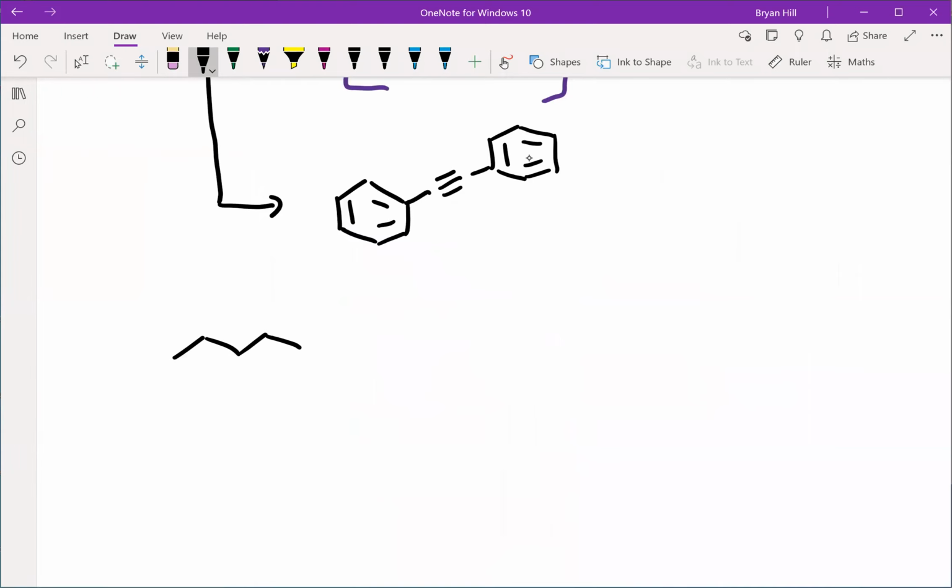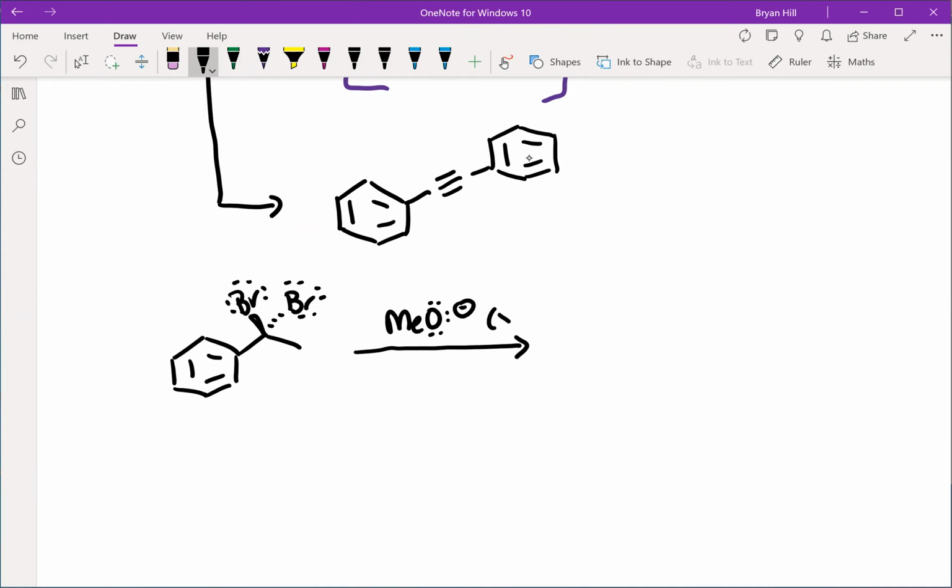So for example, if you had this, let's do it like this, simplify our life here for a second, and we were to use methoxide in excess, then we would make this.